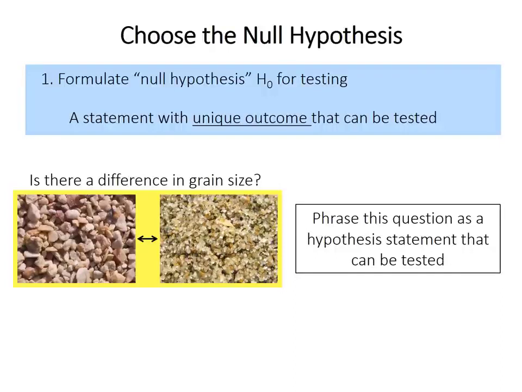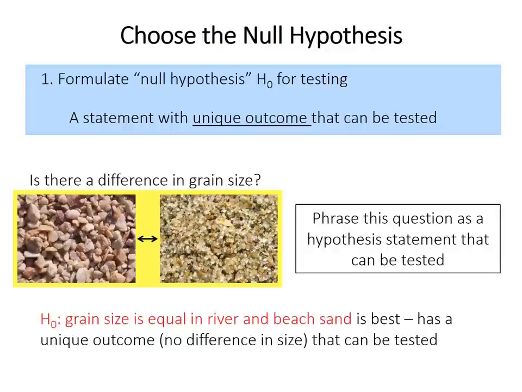In our example, we want to rephrase the question into a hypothesis statement. Our question is: is there a difference in the grain size? But we want to make that into a statement that only has a single possible outcome that we can test and potentially reject. The most common choice of a null hypothesis is that there is no difference between the groups. For example, we can say grain size is equal in river and beach sand.